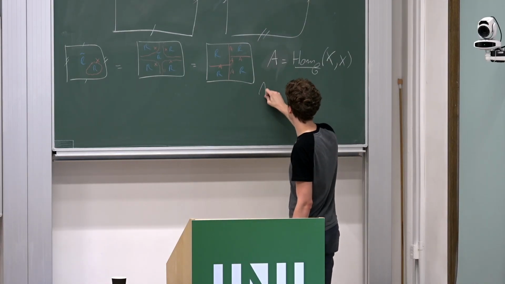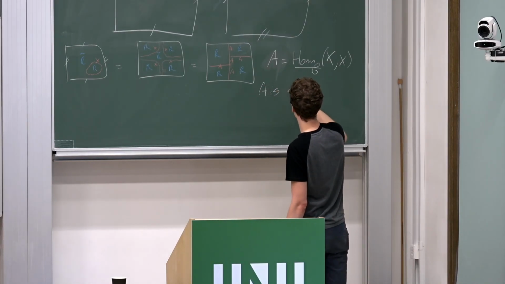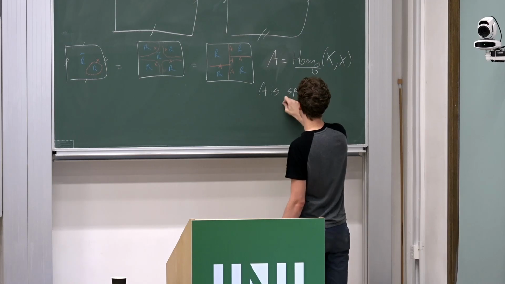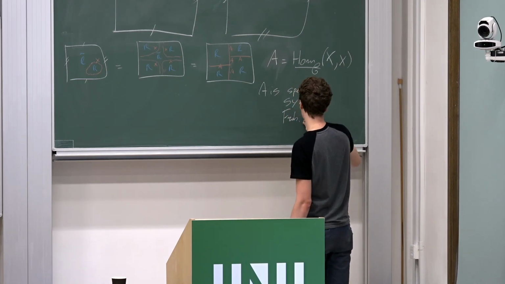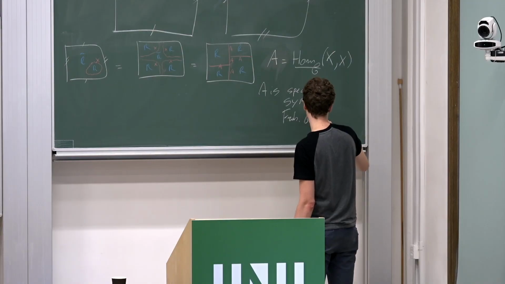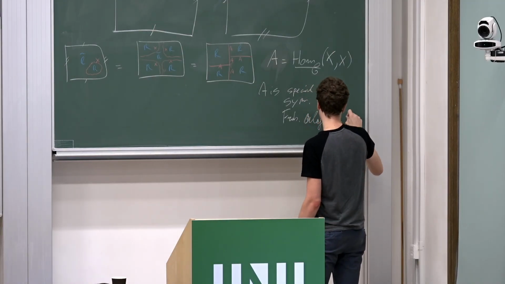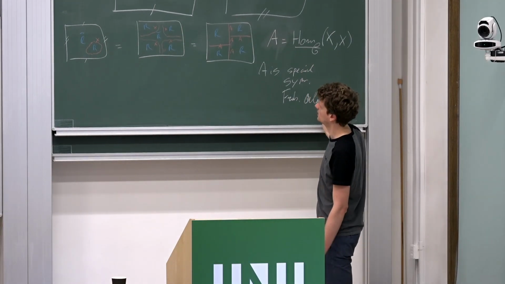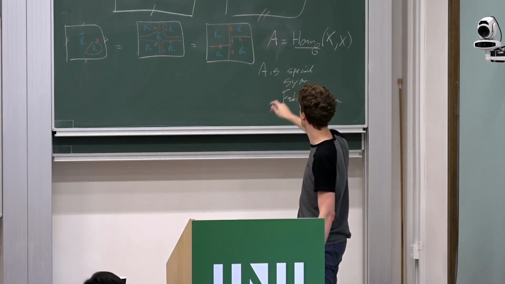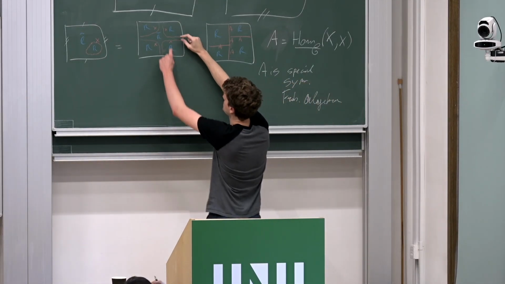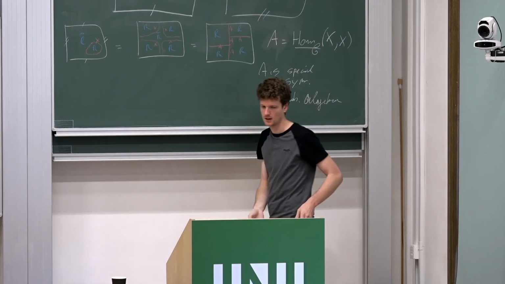So this A here is a special symmetric Frobenius algebra. And you can easily check that all the axioms for a special symmetric Frobenius algebra are satisfied if you define this object basically as the composition of this X with itself.